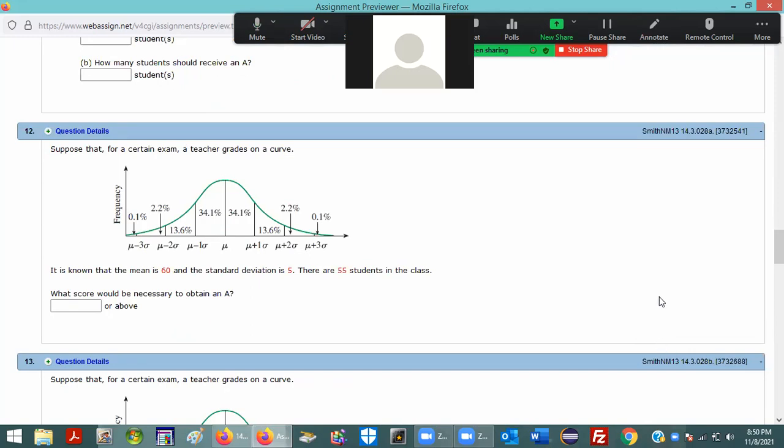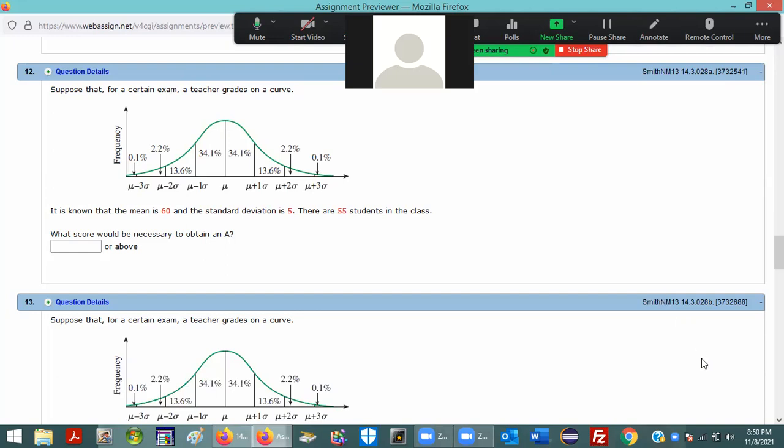Here, same curve, but they're asking us what would be the necessary score to get an A. So they tell us the mean is 60 and the standard deviation is 5, right? So in this course, the A's are 70 and above.